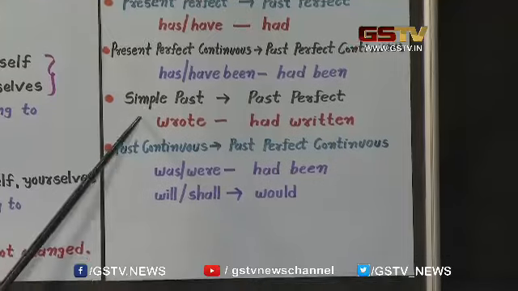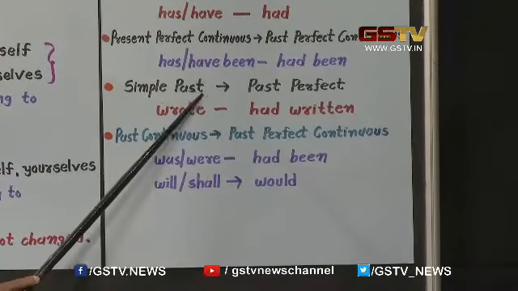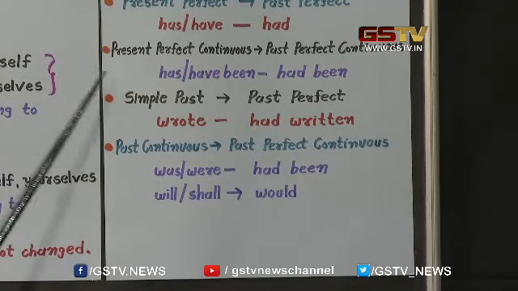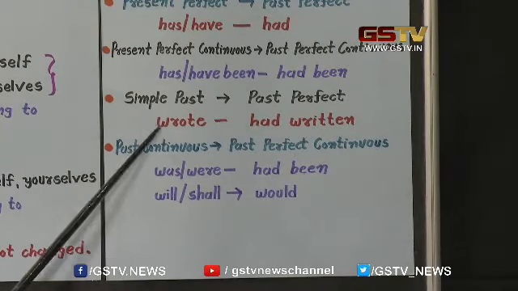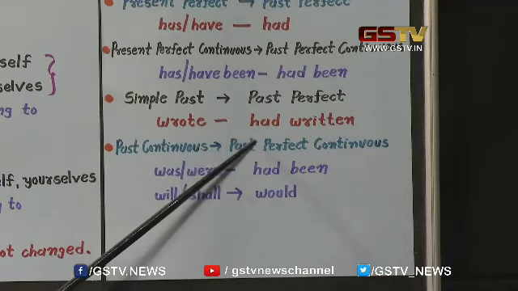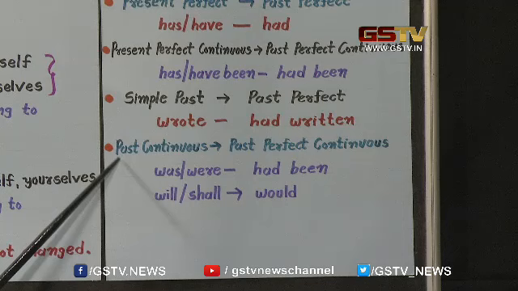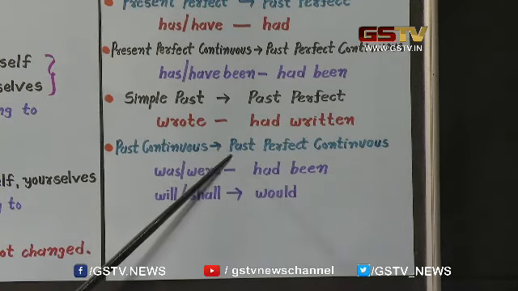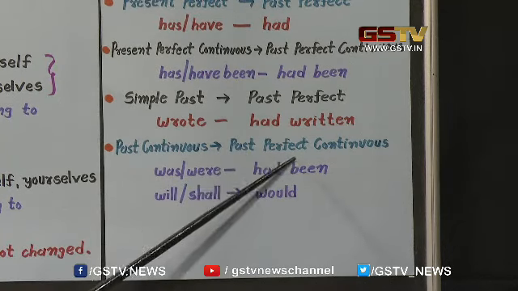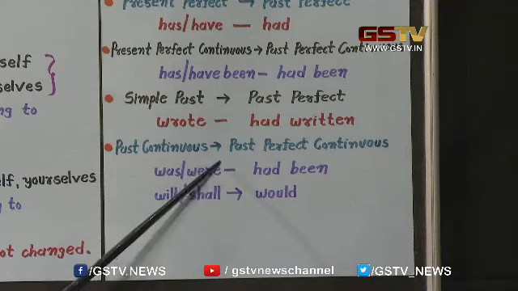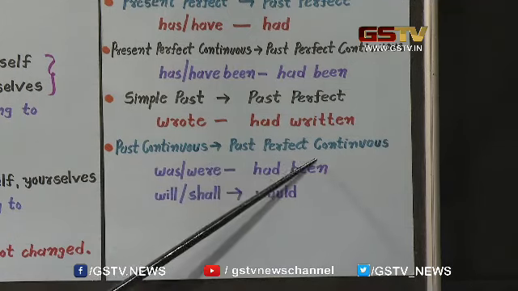After that, simple past tense, you have to convert that into past perfect tense. Suppose any verb is given in past tense, for example wrote, that will become had written in indirect speech. And past continuous tense will be converted into past perfect continuous tense, meaning if was, were is given, that will become had been.